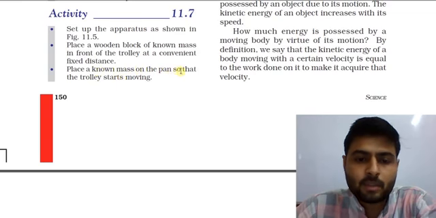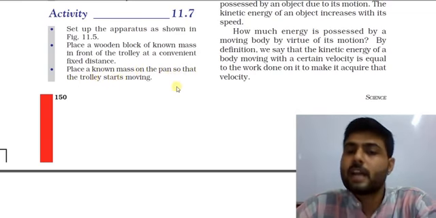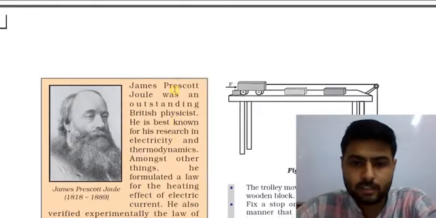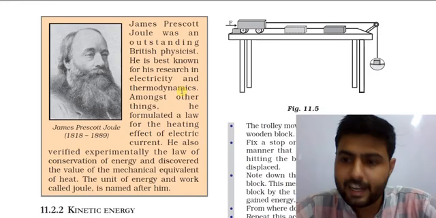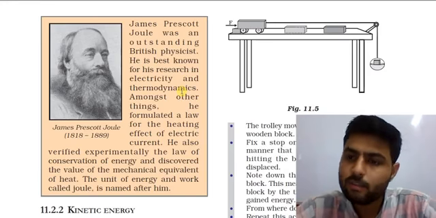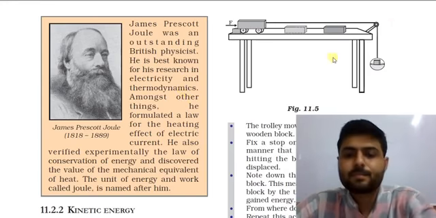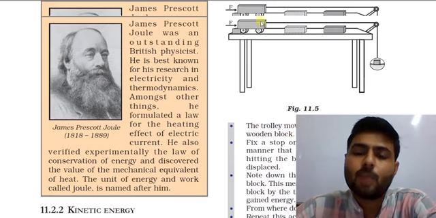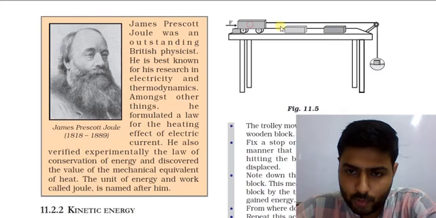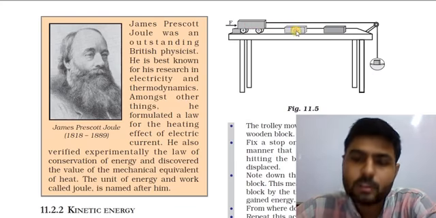Place a known mass on the pan so that the trolley starts moving. That is obvious. The trolley starts moving due to this weight and the downward motion of this pan. The trolley moves forward and hits the wooden block. What will happen? This trolley moves and hits this wooden block.